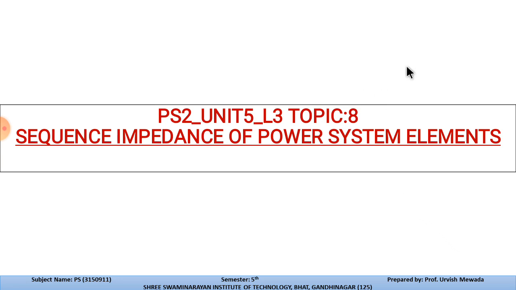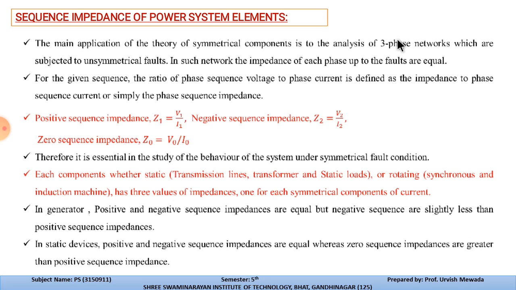Today we are having lecture number 3, in which topic number 8 is sequence impedance of power system elements. If we talk about a power system, we have a very large power system, or we can say an interconnected power system. In the interconnected power system, we consider certain sequences for the particular generating stations.